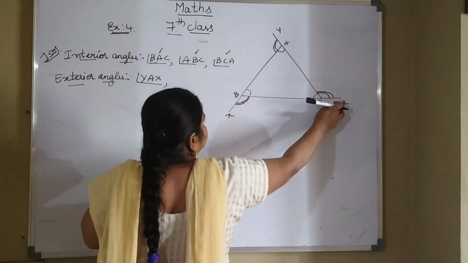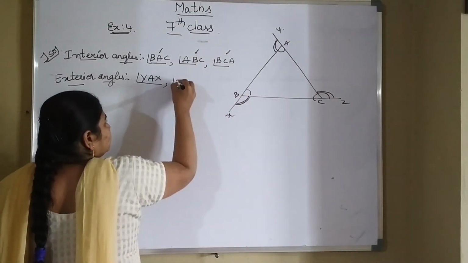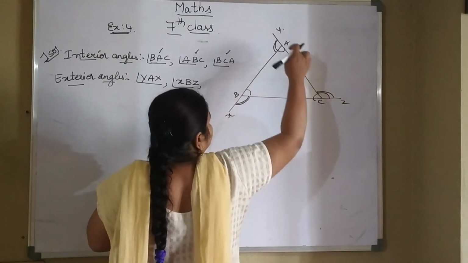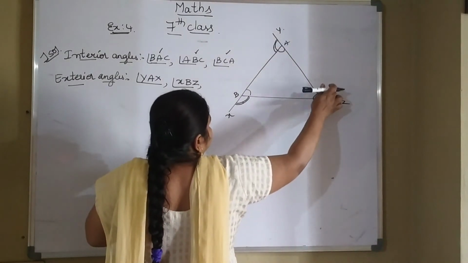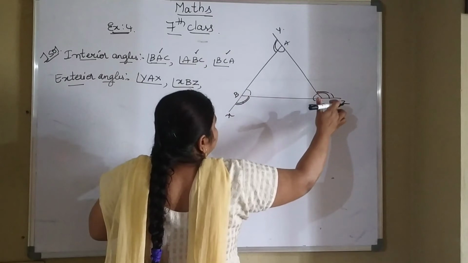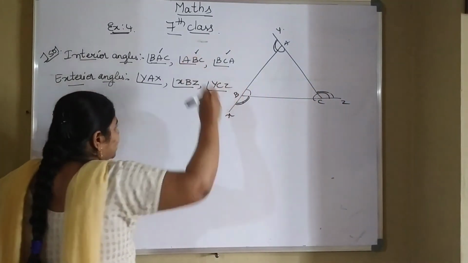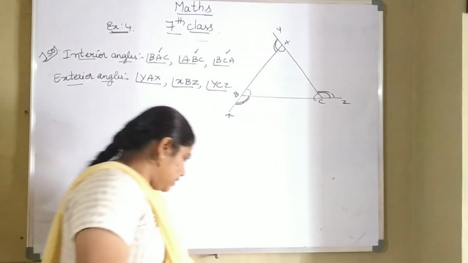X, B, Z. And last is this part, that is Y, C, Z you can write. So these are exterior angles.